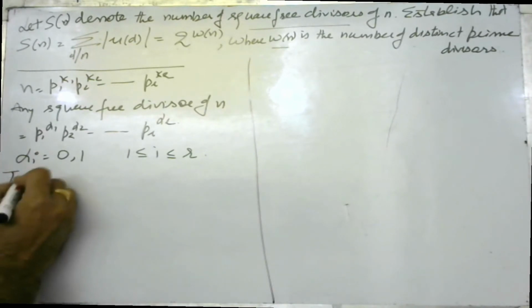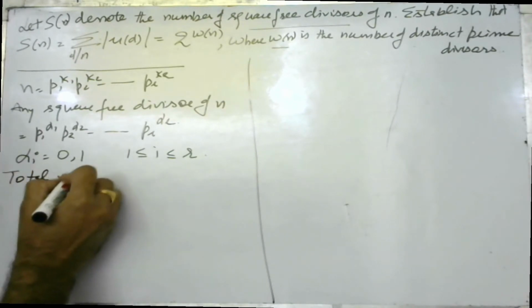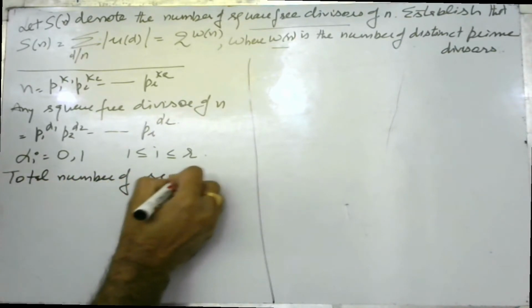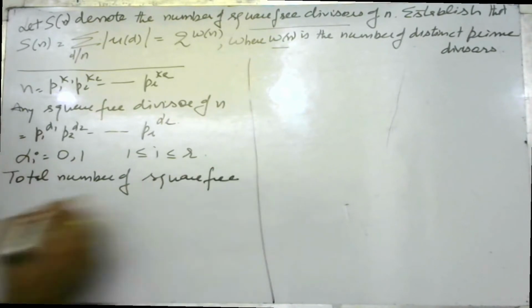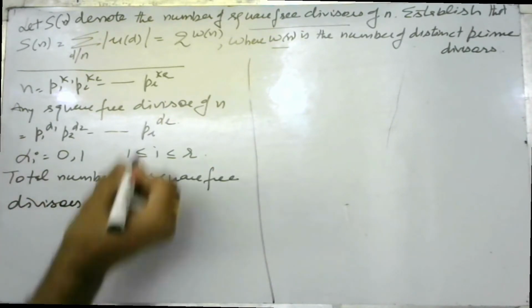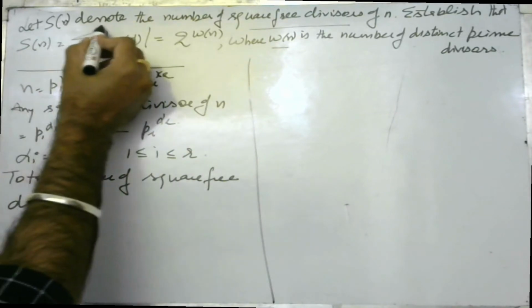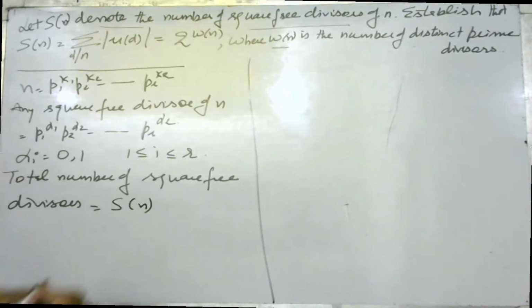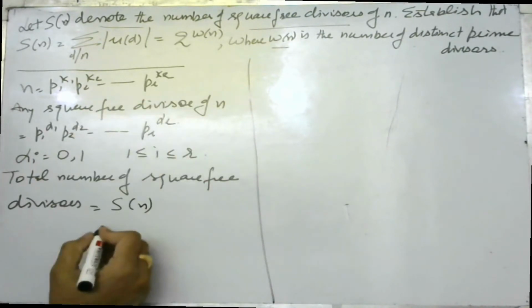Then the total number of square-free divisors, denoted by S(n), we can calculate very easily here.